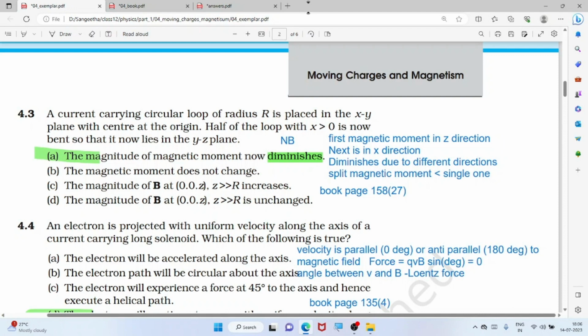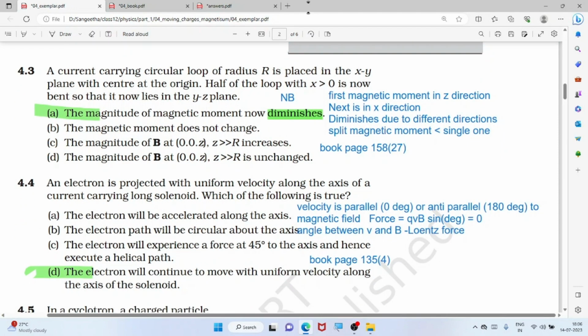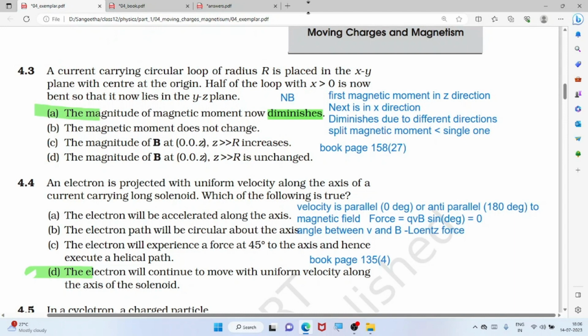A current carrying circular loop of radius r is placed in the xy plane with the center at the origin. Now half of the loop with x greater than 0 is bent so that it now lies in the yz plane. First we have to compute the magnetic moment with the one loop, then for the two loops.